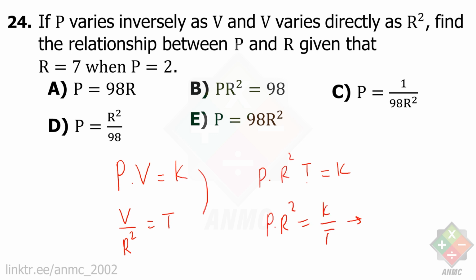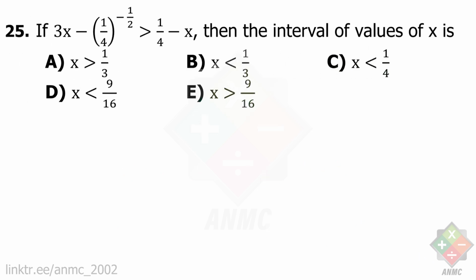And we have been given 7 and 2 corresponding to P and R. P is 2 times 7 square is equal to 98. It is the constant. Then we can write P times R square is equal to 98. It is B.